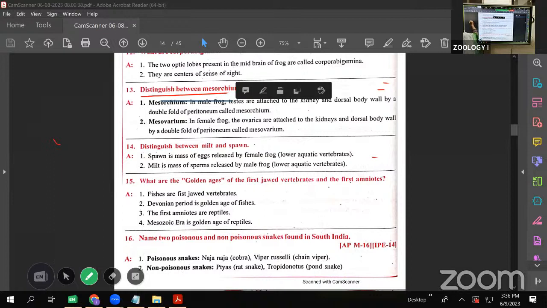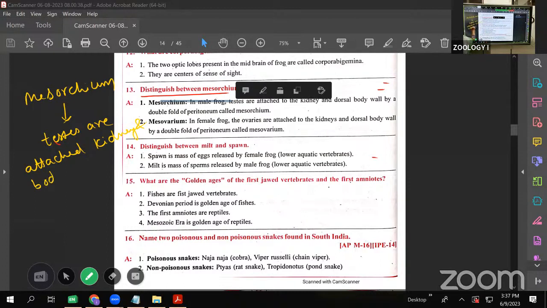See this one? Here I am writing mesorchium. What is it? The testes are attached to the kidneys and body wall by the peritoneum.